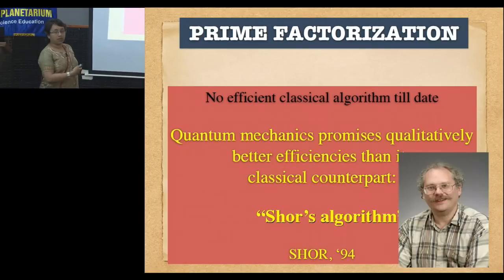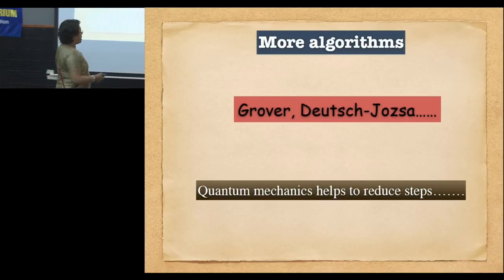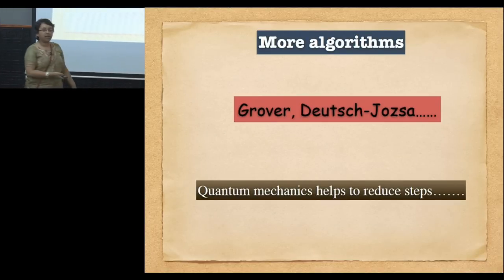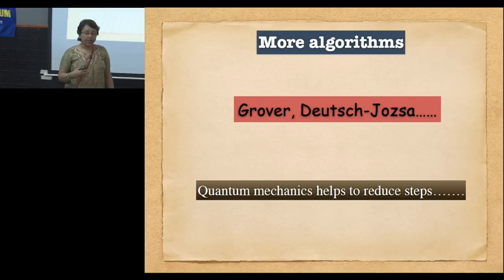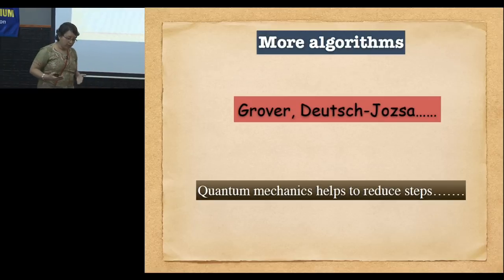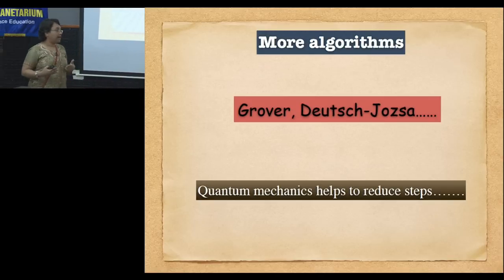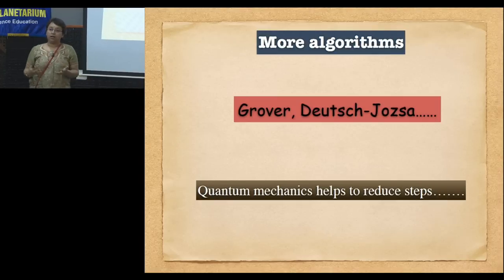So this is Peter Shor. Later on, more algorithms were proposed, for example, Grover's search algorithm and the Deutsch-Jozsa algorithm. In all these algorithms, the main message was that if you use quantum mechanics, then you can reduce the steps that are required on a classical computer, our normal powerful computer.